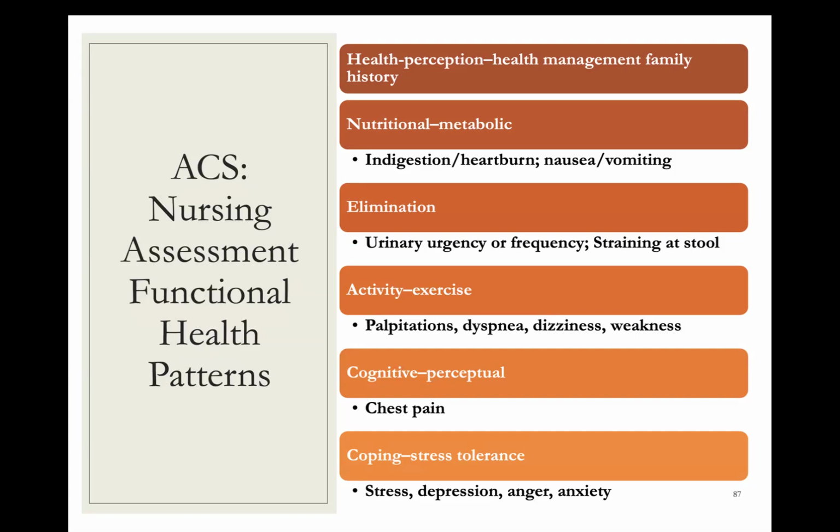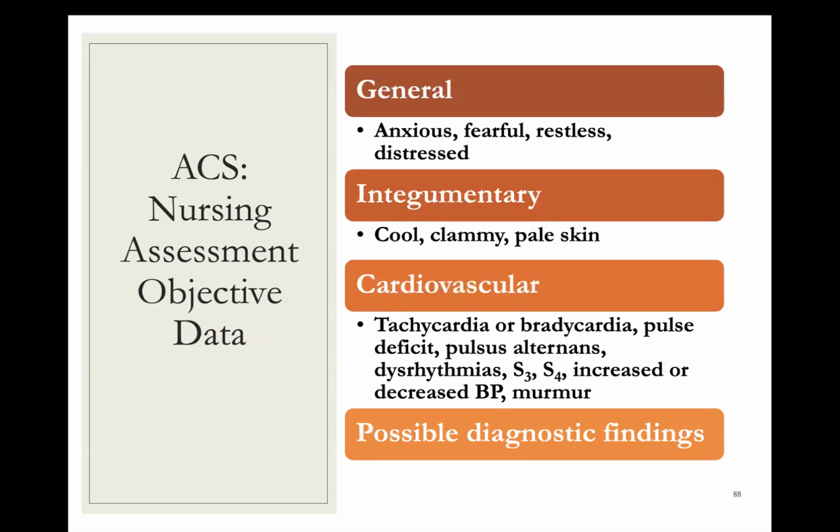Very important to know those things when we're talking about chest pain and potential acute coronary syndrome. And then we want to also know, like, what is the stress like in your life and how do you cope with things, right?